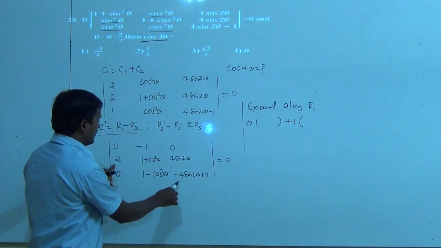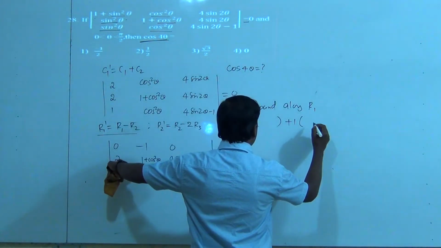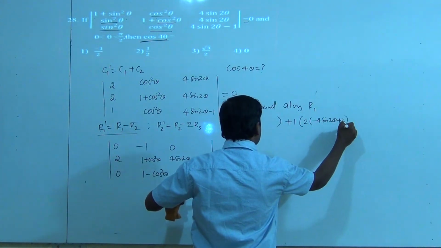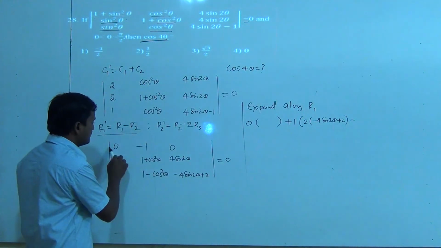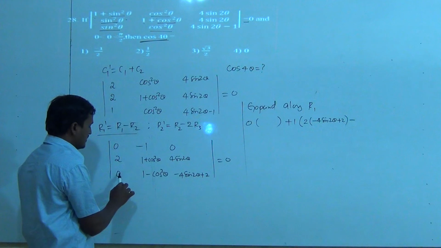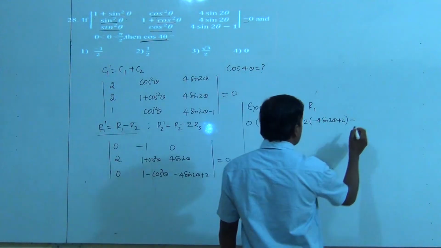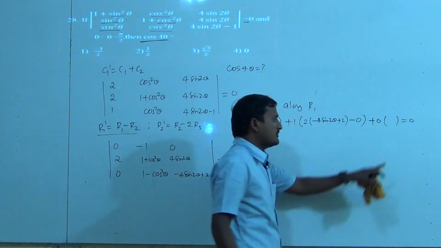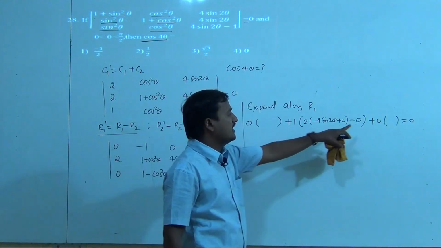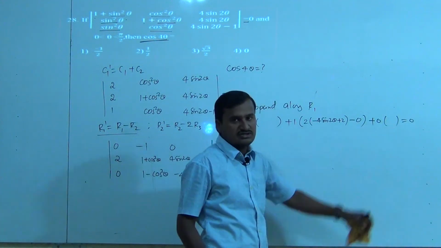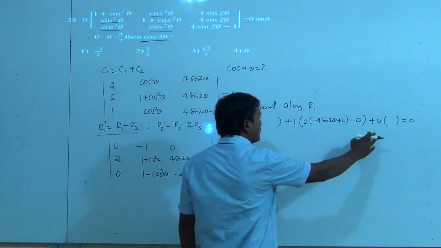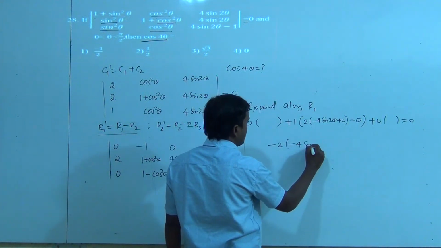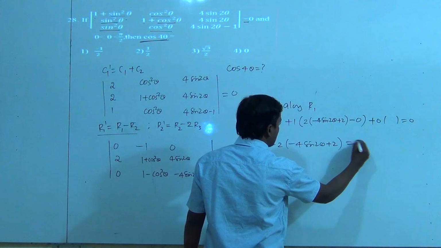So clearly this becomes 2 into minus 4 sin 2 theta plus 2, minus of, now you should leave this one and this one, so 2 into this term and 0 into this term, so 0 into that term becomes 0 and plus, 0 into this term becomes 0. I am not going to write all these, directly I have taken 0 into this term because 0 into any number becomes 0. So actually I got this one only, that is 2 times minus 4 sin 2 theta plus 2, this is equal to what? 0 I got.